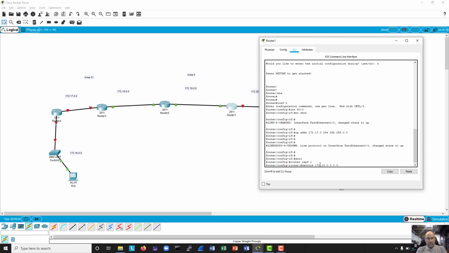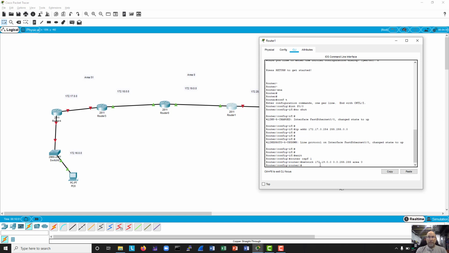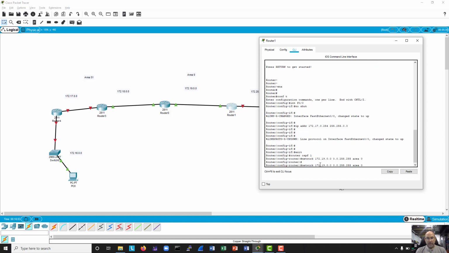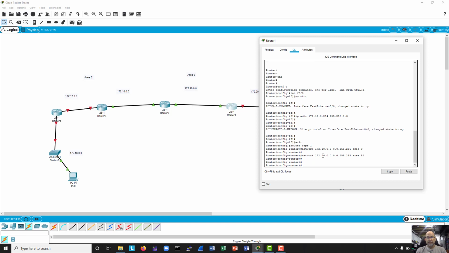Now notice that the address space specified by the wildcard mask looks a lot like the address space we were using for subnetting, but as I said, it's kind of reversed. The wildcard masks are a little bit different, and I did a whole video on wildcard masks, so if you want to look at that, you can.